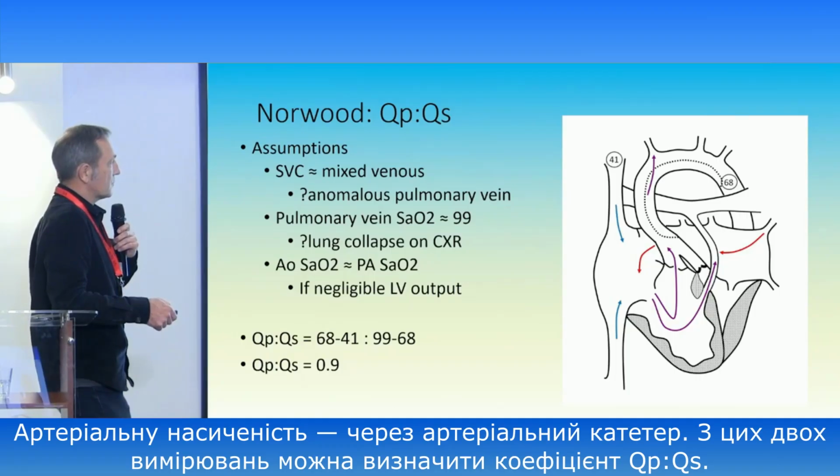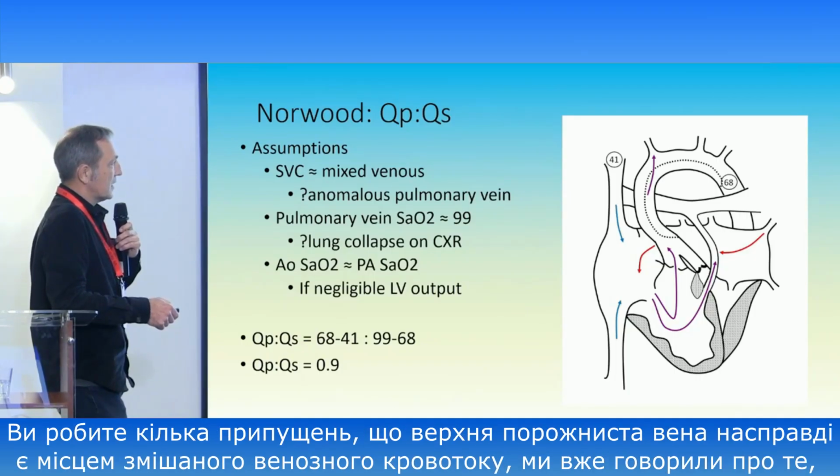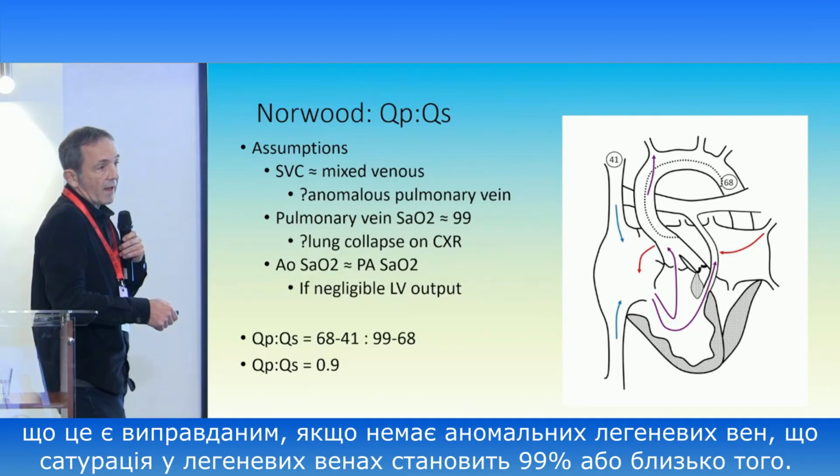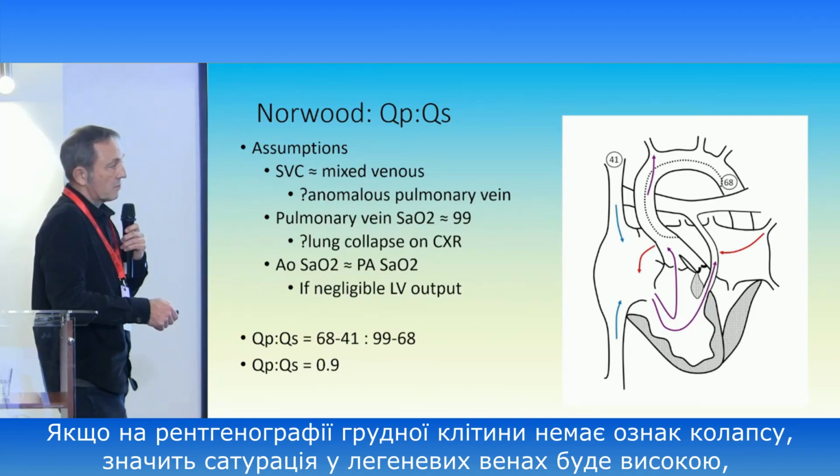You make a few assumptions that the SVC is actually the mixed venous saturation. We've already talked about that. That's valid as long as there's no anomalous pulmonary vein. That the pulmonary vein saturations are 99% or thereabouts. Well, if there's no collapse on the chest X-ray, then the pulmonary vein saturations are going to be high.